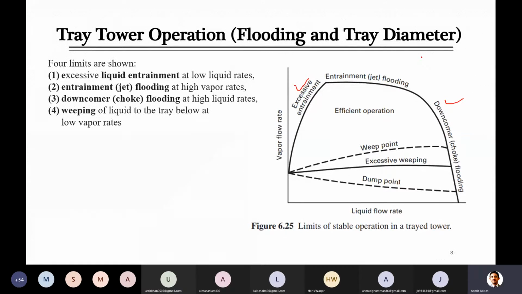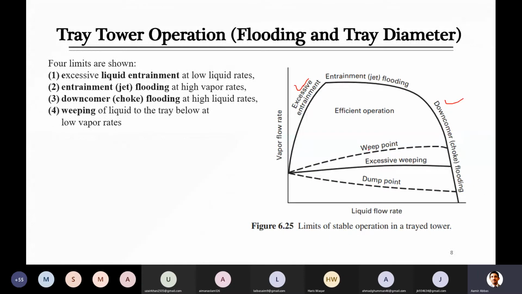So in that case, there will be a flooding. Flooding actually refers to a very large amount of flow. If the area of the downcomer is less, and the liquid which wants to come to the downward plate is large in amount, you will be reaching this limit. And another case was related to weeping.